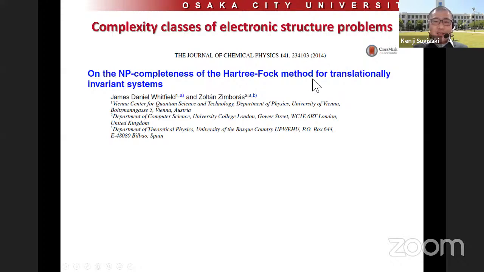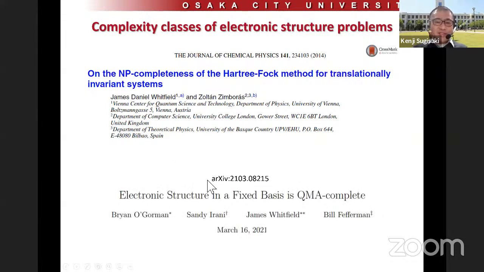In this case, there are some restrictions for the translation invariant system. But very recently, it was proposed that the electronic structure problem in a fixed basis is Turing complete.